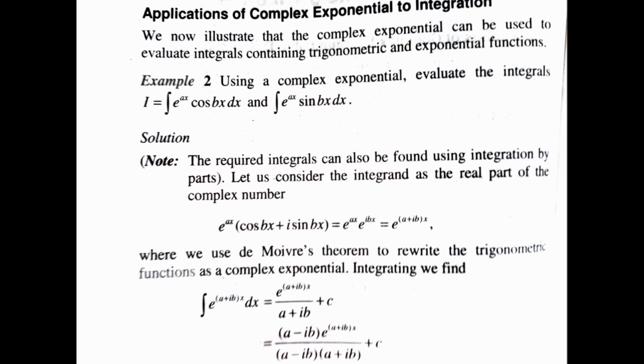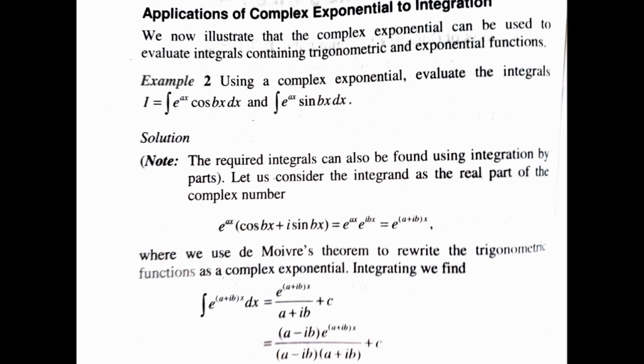Let us consider the integrand as the real part of the complex number e raised to ax into (cos bx plus i sin bx). This can be written as e raised to ax into e raised to ibx, that is equal to e raised to (a plus ib) into x, where we use De Moivre's theorem to rewrite the trigonometric function as a complex exponential.